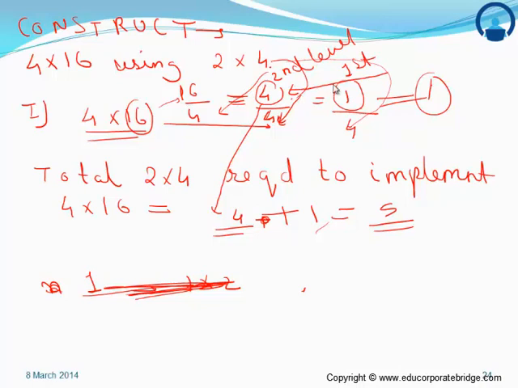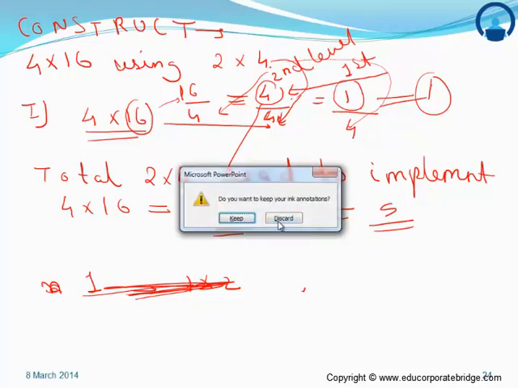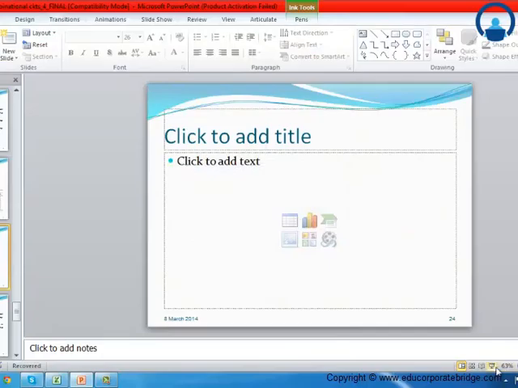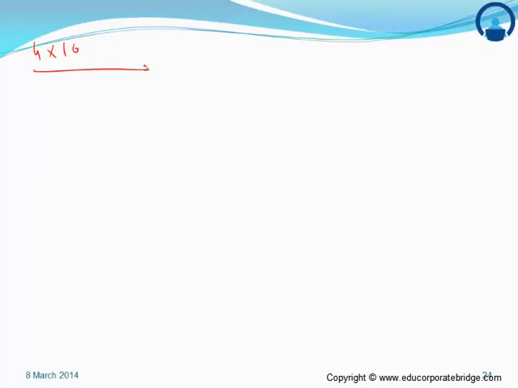So in short, to clear the doubts on how we can find the levels, we can say in this way: a 4 cross 16 decoder is constructed using 2 cross 4 decoders, where 16 by 4 gives 4. This 4 is again divided by 4, which gives 1.